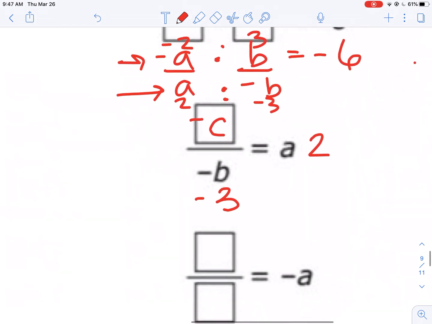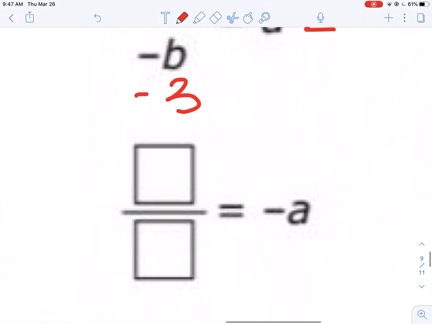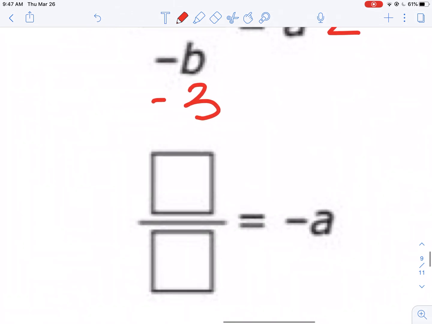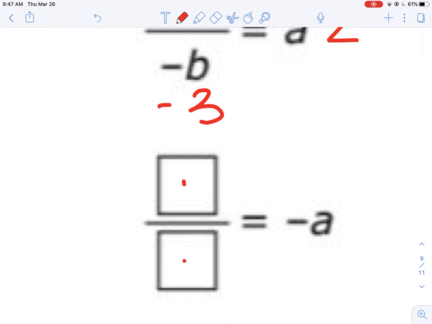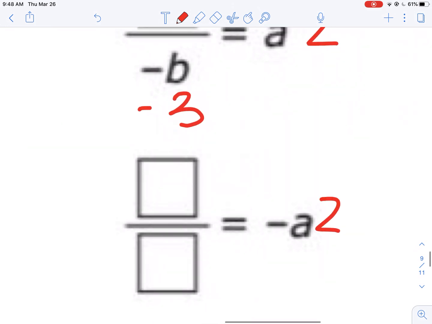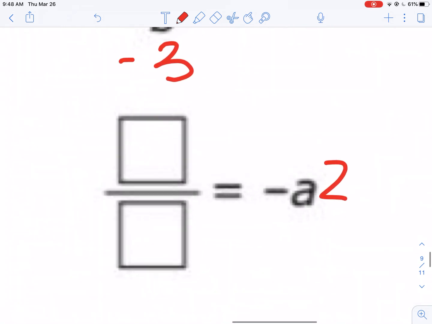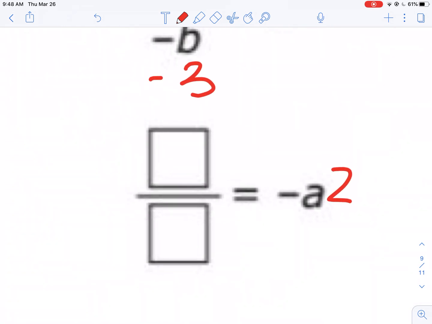And then here, something divided by something equals -A. Well, we know that one of these, this one or this one, has to be negative. And remember, A is 2, if I've been doing that correctly. Yeah, A is 2. So this becomes -2. Something divided by something equals -2. You could do 6 divided by -3 or -6 divided by 3.